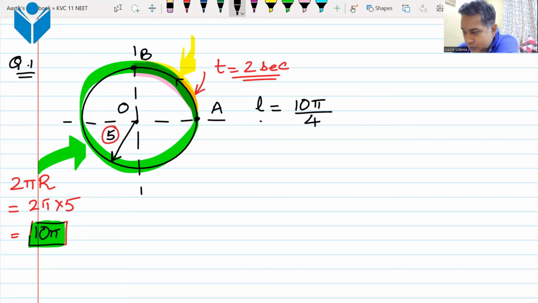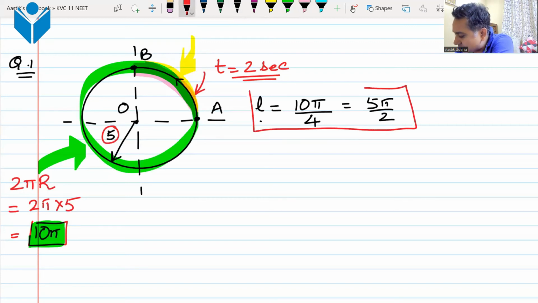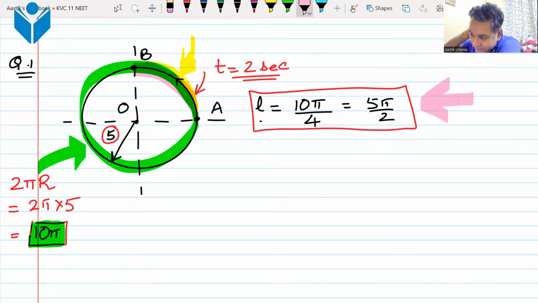So this will be equal to 10 pi by 4. If I solve it, I will get 5 pi by 2. So the distance traveled by this particle when it moves from A to B is 5 pi by 2. Do we understand this?